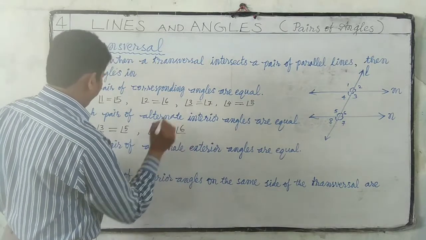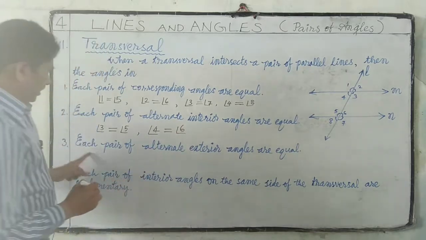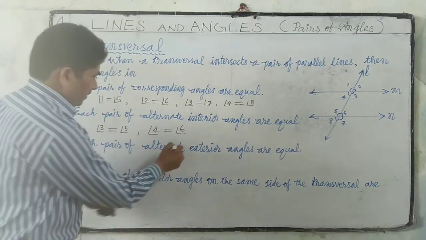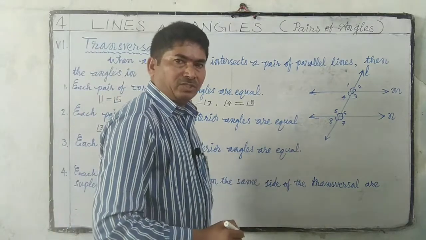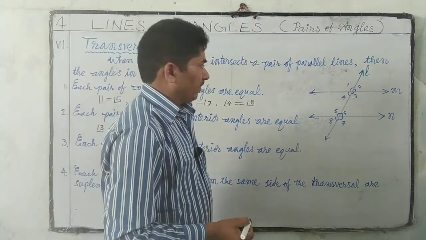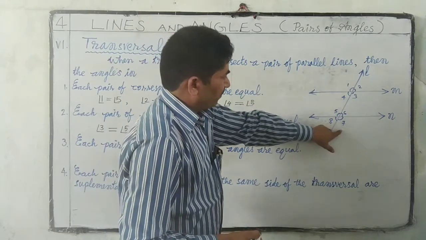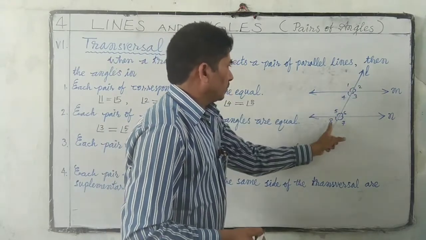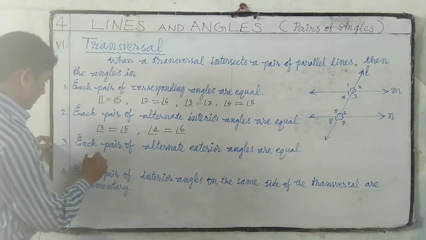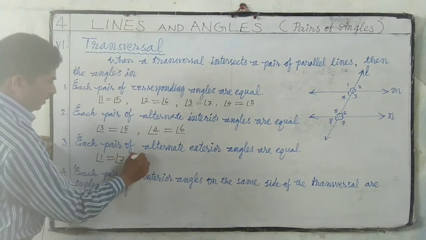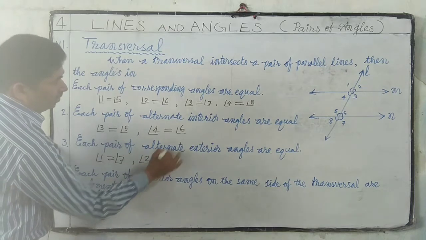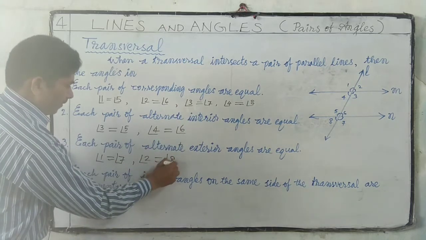Next, each pair of alternate exterior angles are equal. 1, 7, 2, 8. Angle 1 is equal to angle 7. Angle 2 is equal to angle 8.